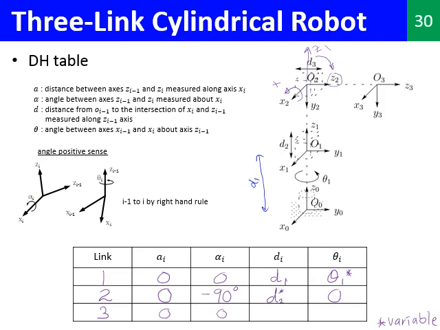So we can write D3 star. Okay. And finally, we have theta 3. So theta 3 is the angle between x2 and x3. So you can see x2 and x3 are in the same direction, and that direction won't change because this joint is prismatic. Therefore, the angle between those two axes is 0.